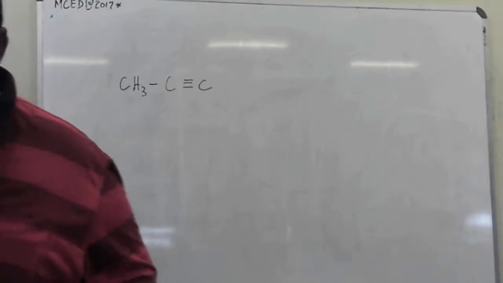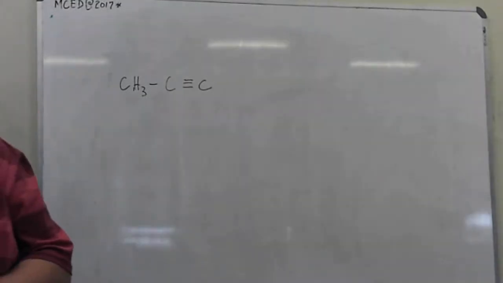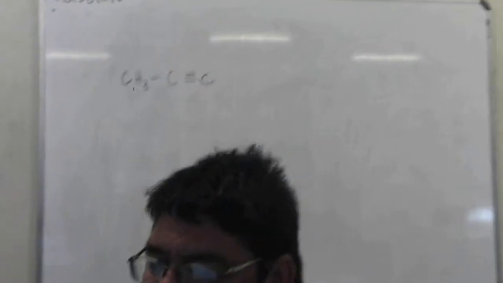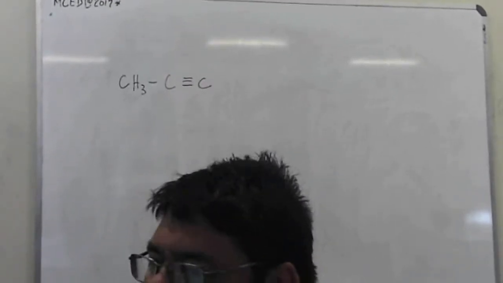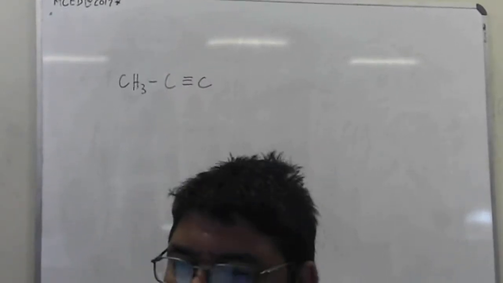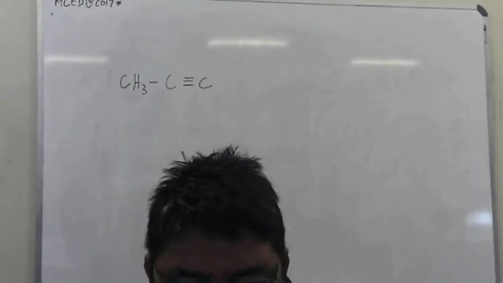Can you see the mistake? Let me just show you quickly. There's a mistake on this question, just to show you what the mistake is. Let me show you the molecule again.